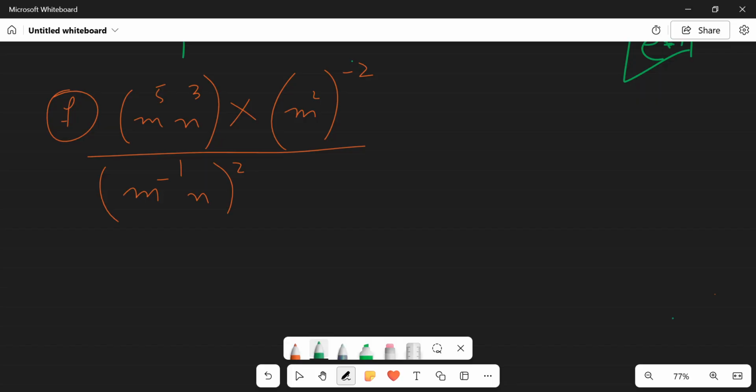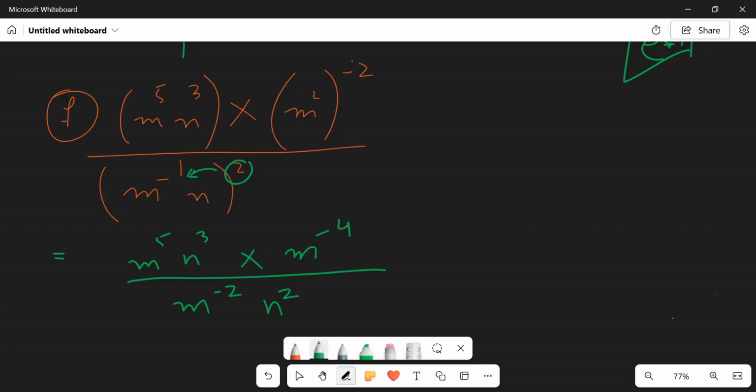So here, the first one, it doesn't have any power here, okay? So it will remain as it is, times, open this, the second one. So m, 2 into the negative 2 gives you minus 4, okay? Over, when you open this 2, when you multiply this 2 with this m value, it gives you minus 2, and n is positive, right?